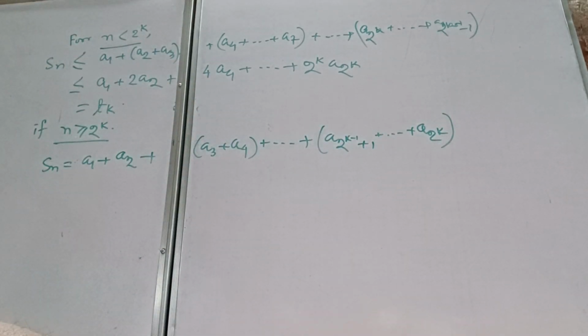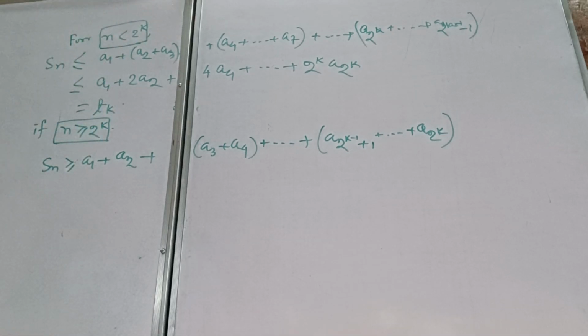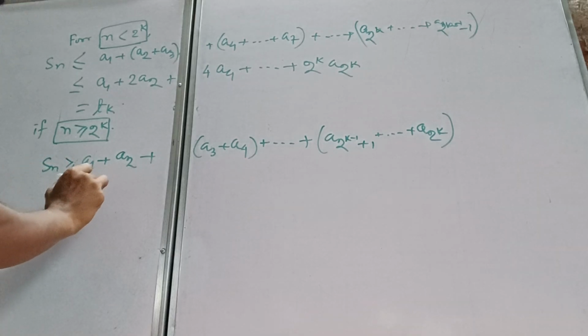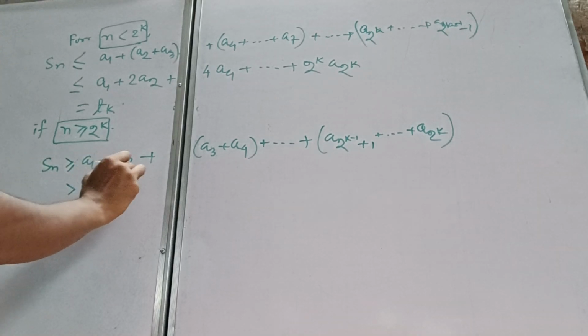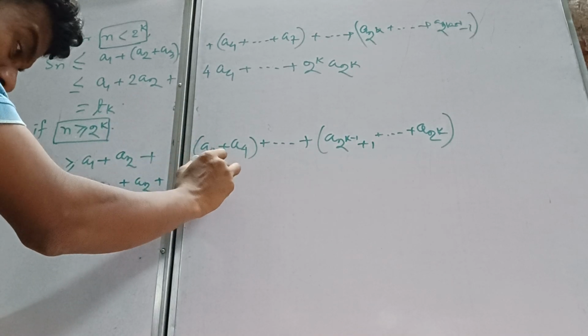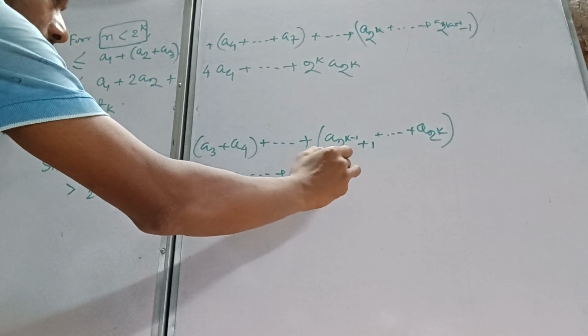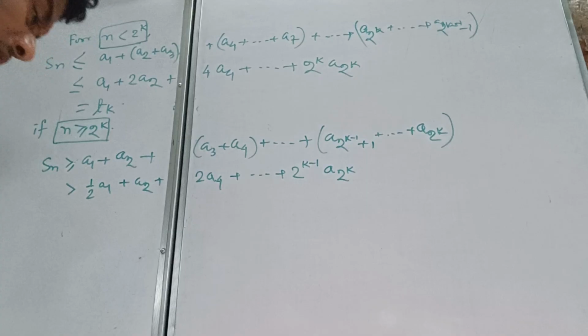If n is greater than or equal to 2 to the power k, then Sn is greater than or equal to the following. Not a problem at all. Then we write in this way: this one is greater than half a1 plus a2 plus 2a4 plus dot dot dot plus 2^(k-1) a_(2^k).